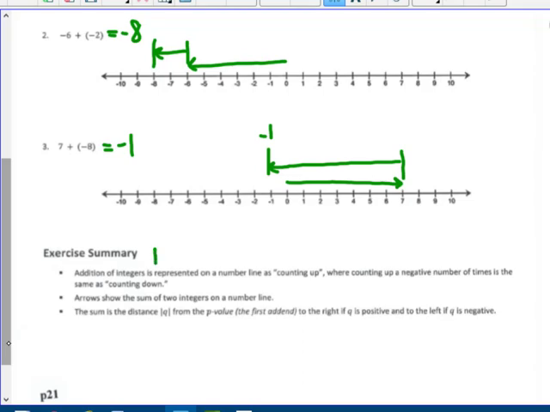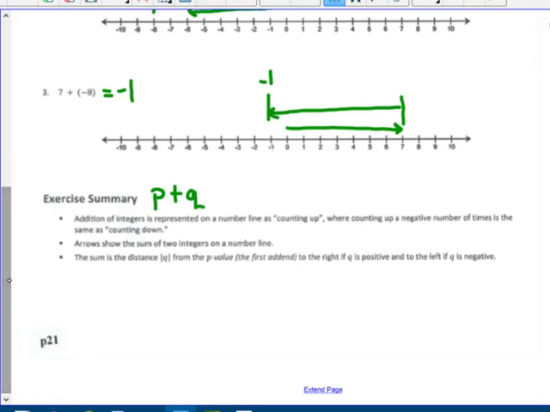I'm going to write in P plus Q because they're talking about that. Any integers, we'll call one of them P, like 6, and Q, like negative 2 or a positive 5. It doesn't matter. Two integers, P and Q. The addition of integers is represented on a number line as counting up, where counting up a negative is really called counting down. So counting up is for positives, counting down is for the negatives, or going left.